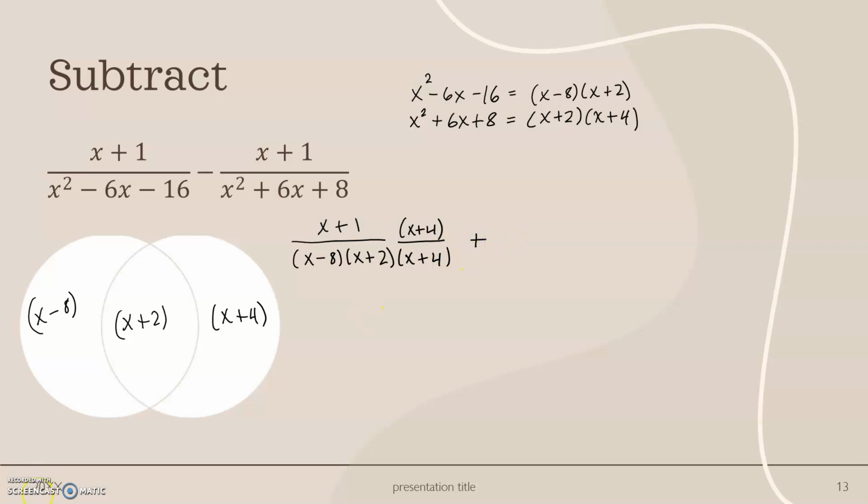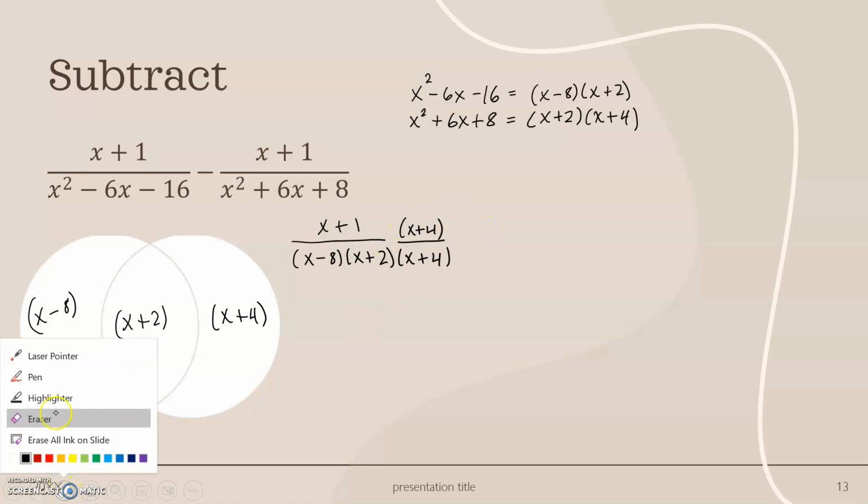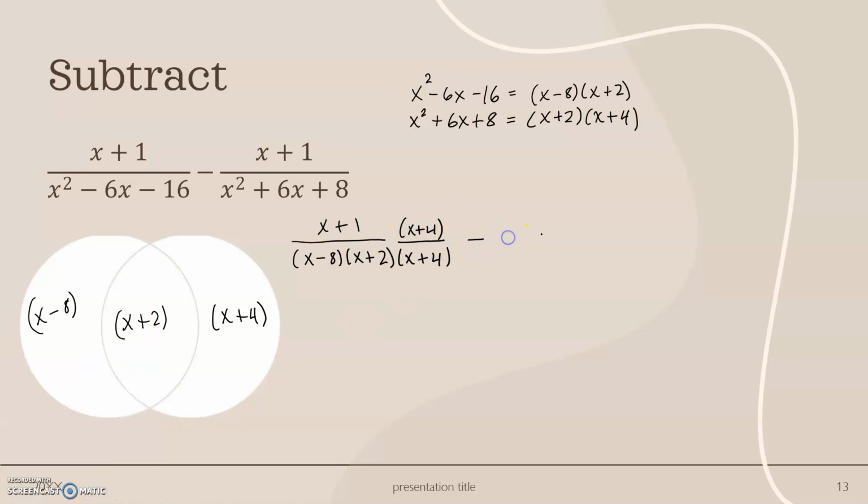And then, oops, this one is a subtraction problem, so it's not plus, it's minus. This one is x plus 2 times x plus 4, but the thing that's missing is an x minus 8, so I'm going to multiply by x minus 8 over x minus 8, so that I can get that back in there.